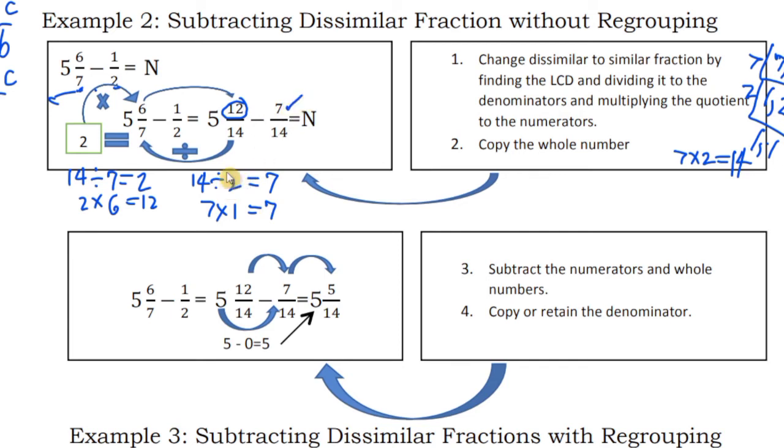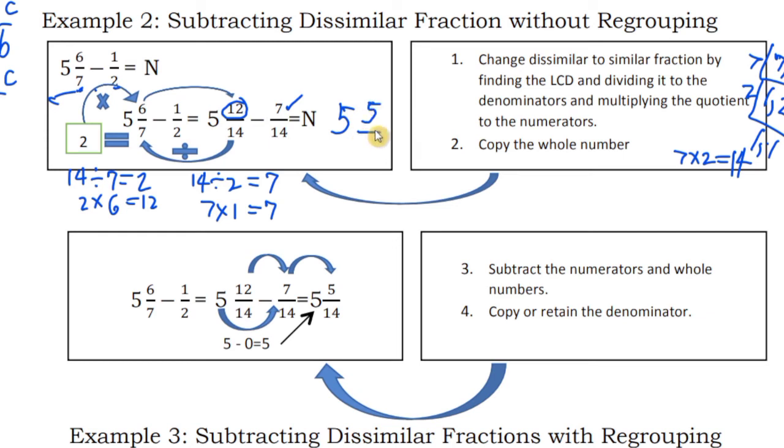Okay. After which we're going to subtract the fractions. Here the whole number part, we don't have one, so we can just have 5. 5 minus 0 is 5. That one there. 12 minus 7 is 5.